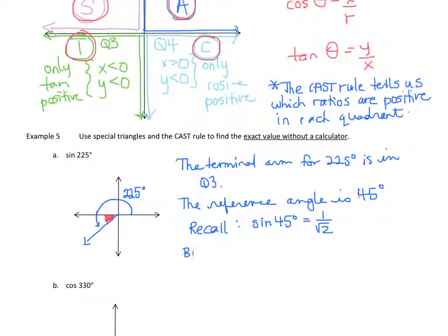Now, since we are in quadrant 3, only the tangent ratio is positive, so the sine ratio is negative. In quadrant 3, sine is negative. So therefore, the exact value for sine 225 degrees will be negative 1 over root 2.